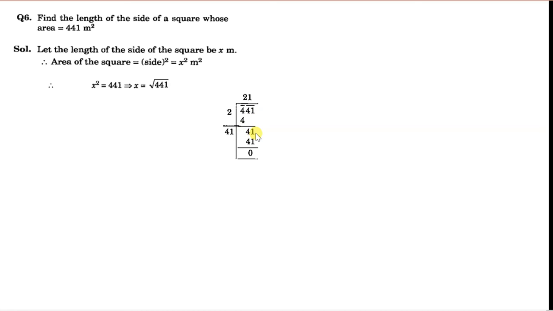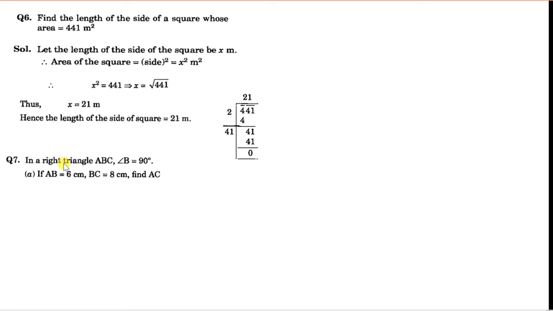Then we note down the next pair, that is 41, and write down twice of this quotient here, and twice of the quotient is 4, so we write down 4. Then we write down 1 here, so that 41 multiplied by 1 gives you 41. So the square root of 441 is 21. So the side of the square is 21 meter.